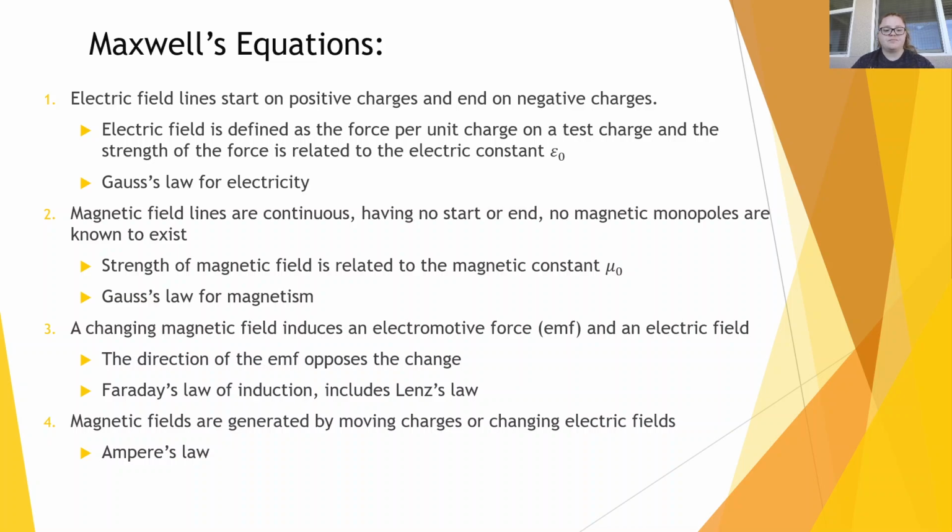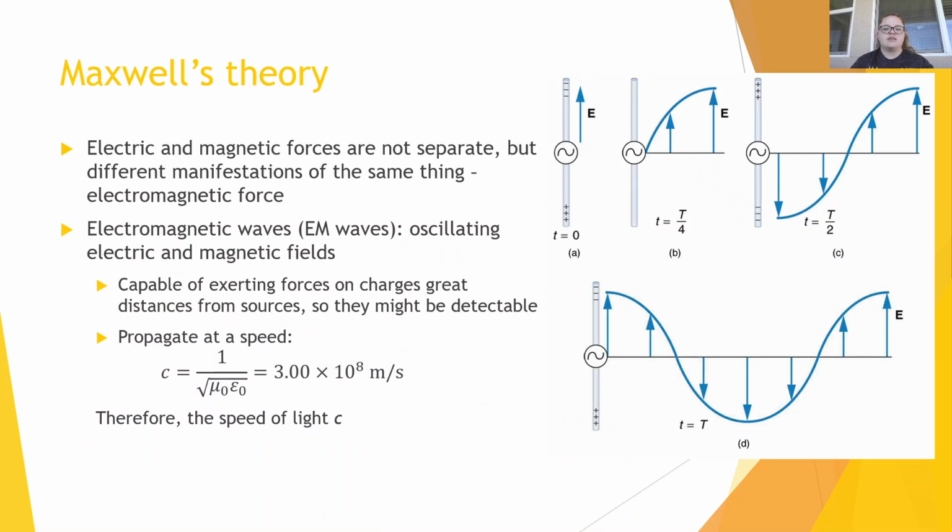The fourth and final one is Ampere's law: magnetic fields are generated by moving charges or changing electric fields. So again, these were all already defined, but Maxwell gathered them all and put them to use towards electromagnetic waves. So this is his theory.